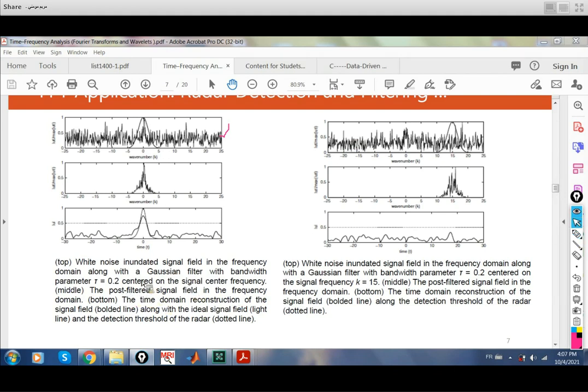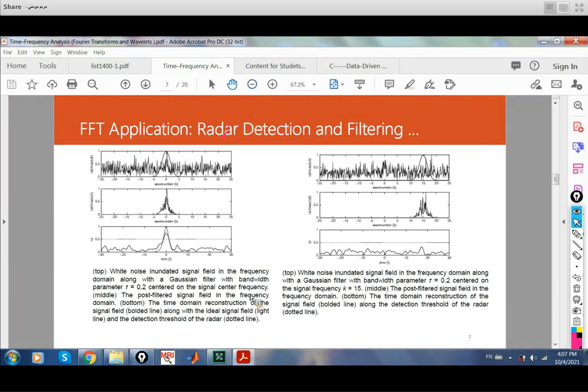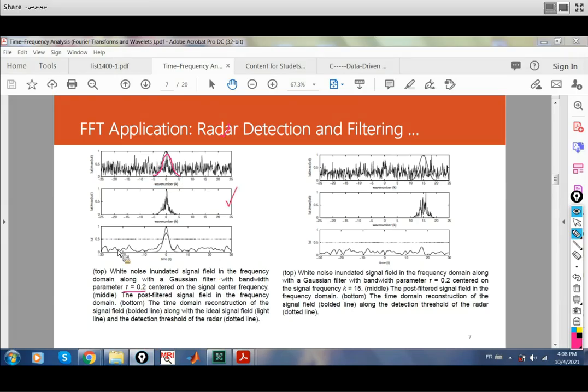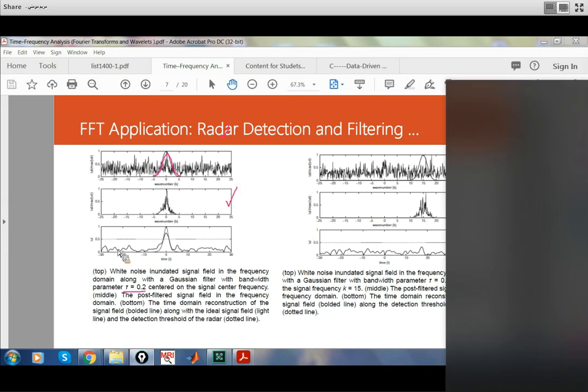If we use the Gaussian filter like this, with bandwidth, for example, 0.2 and centered on the signal, and then if we use inverse Fourier transform, we achieve this pink signal.